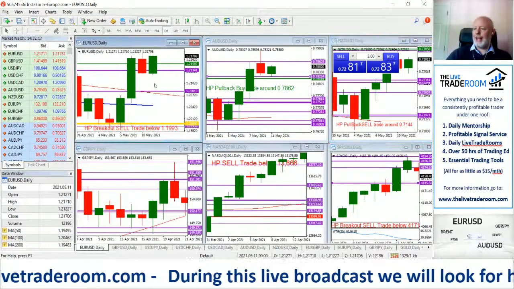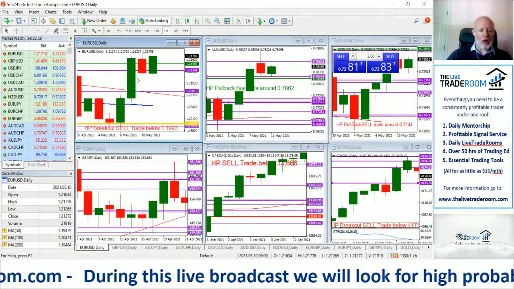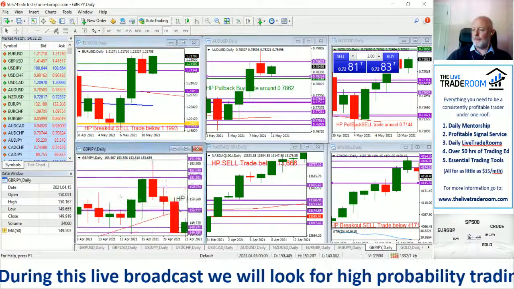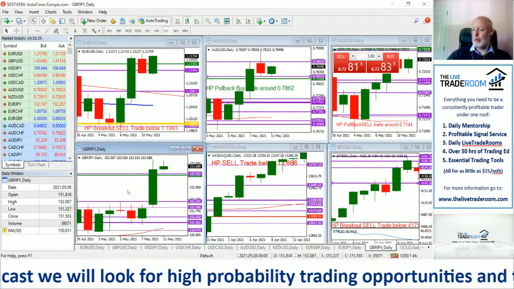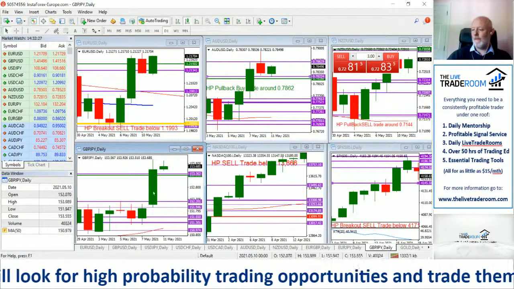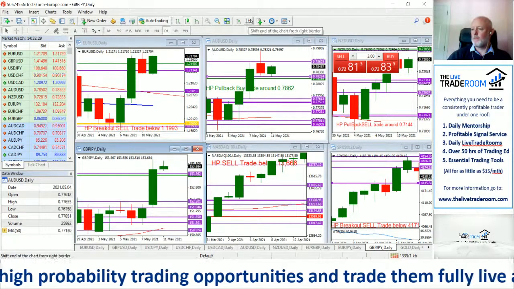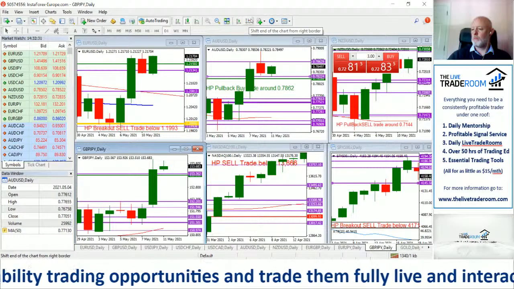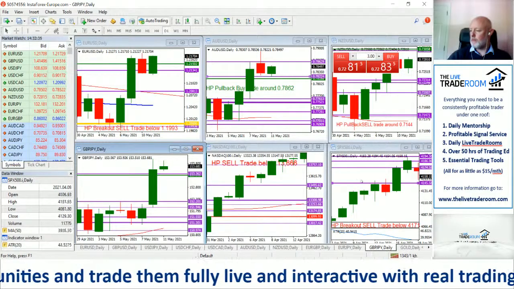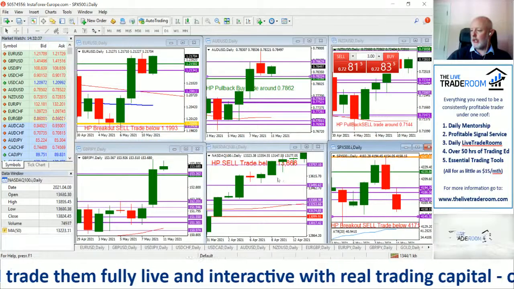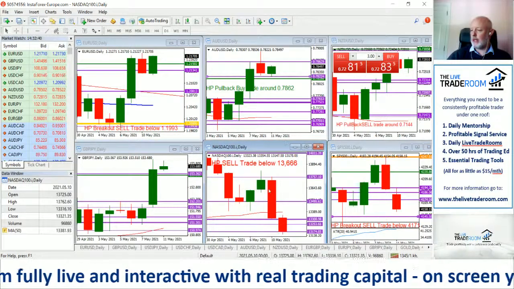So we're actually getting a much weaker dollar. That's the pound yen. The S&P is continuing its move, so too is the Nasdaq.